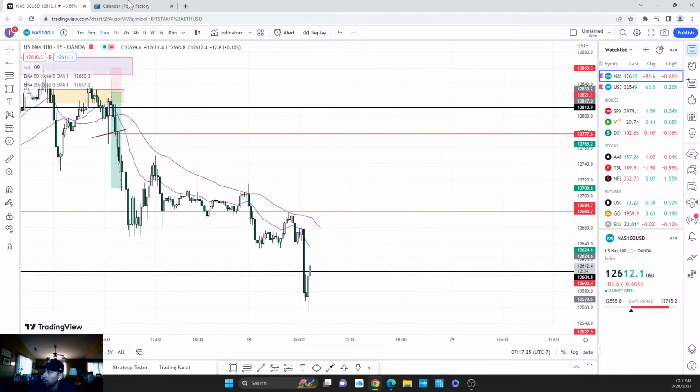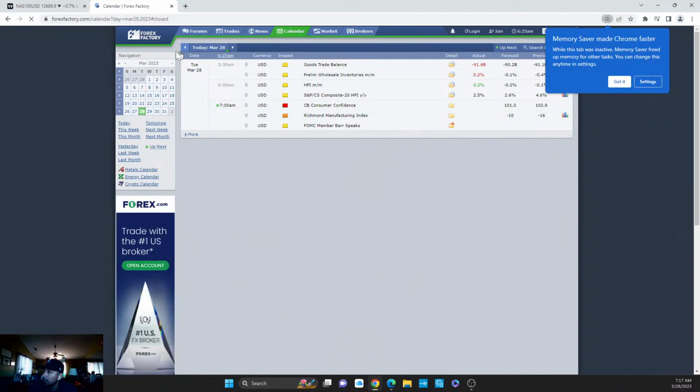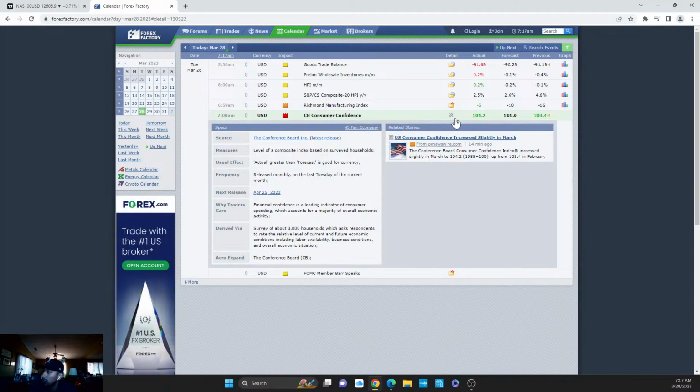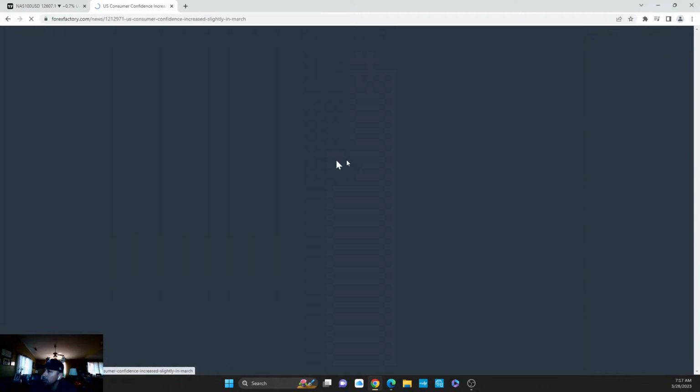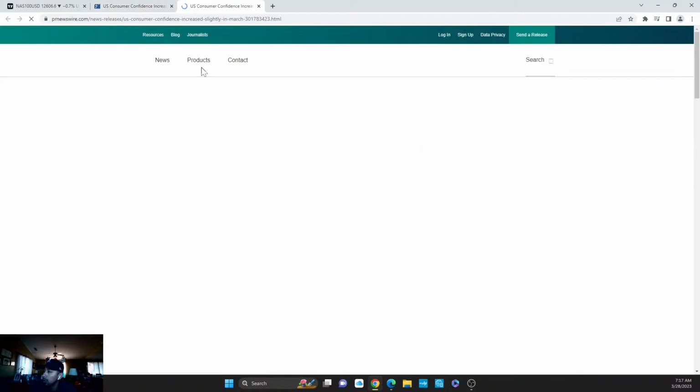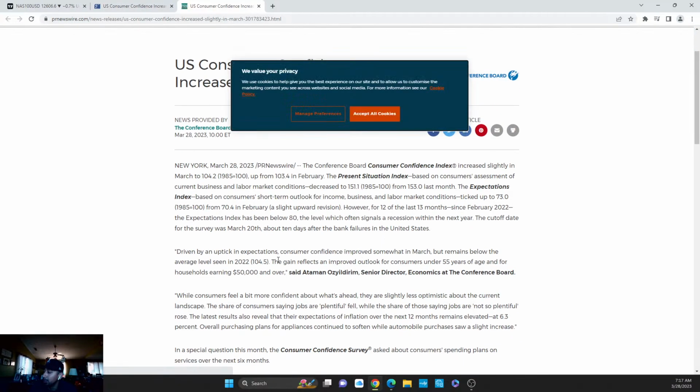NASDAQ starting to make a little breakup. I think the news really hit the right way. Consumer confidence up all the way. See what this means. So it's been below 80 and now it's up to 104.